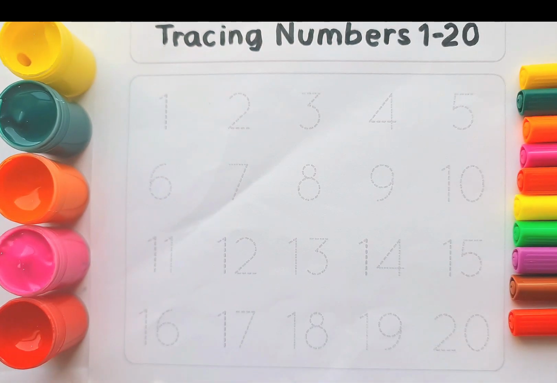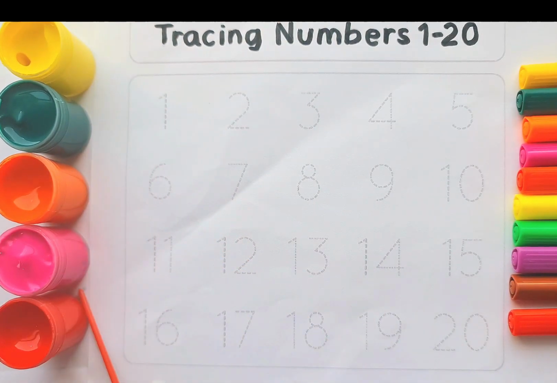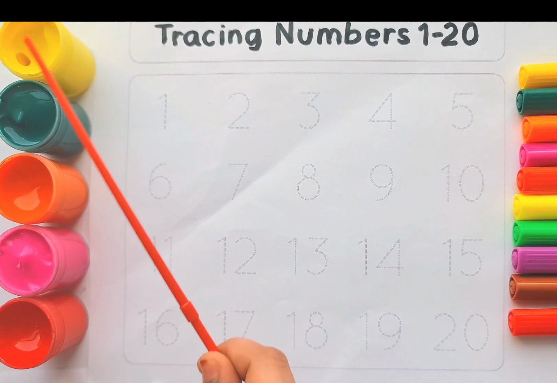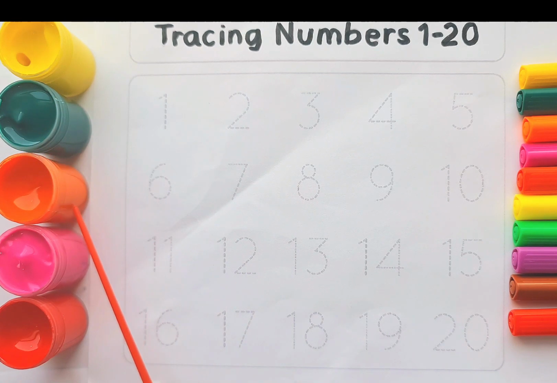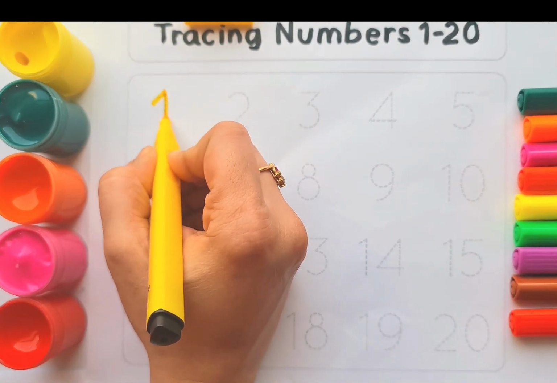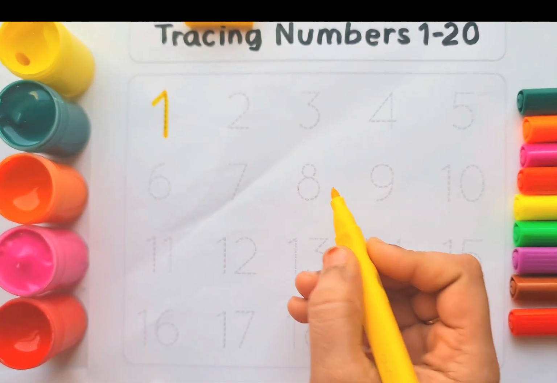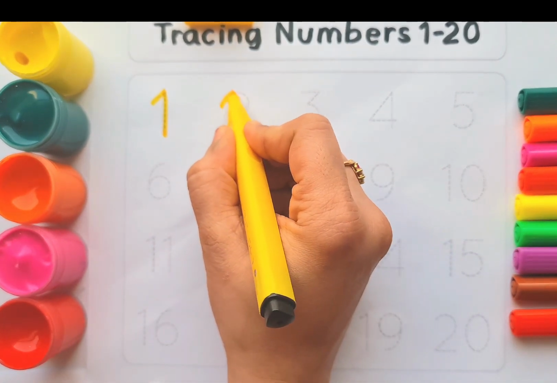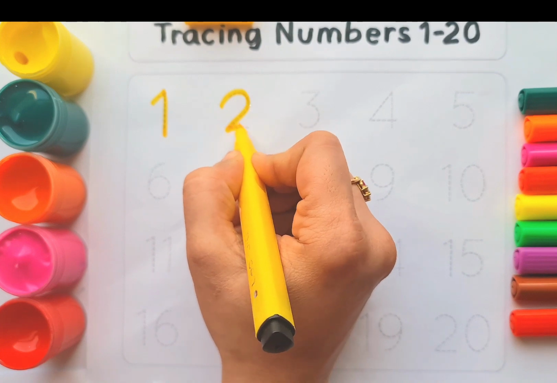Hi kids. Let's learn to trace the numbers. Yellow color, green color, orange color, pink color, red color. Let's write number 1. 2.